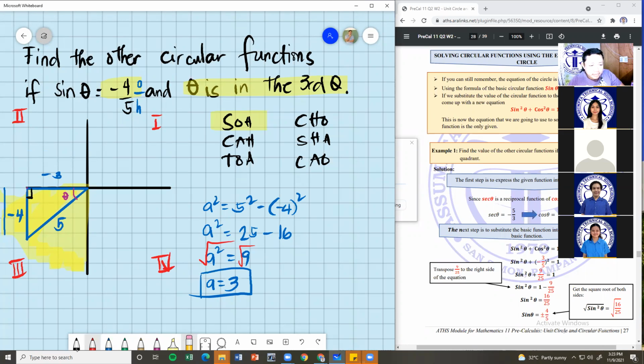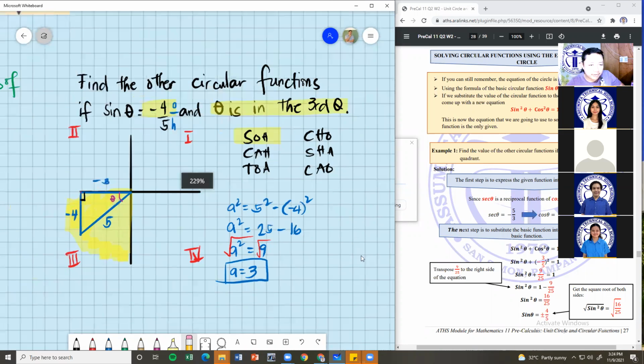Okay. And so, now that we have the complete set of values for our triangle, madali na lang ang ating next process. And that's by doing the SOHCAHTOA, CHO SIA KAW. Okay? Ready? Let's now do the process. So the sine is already given. It's -4/5.